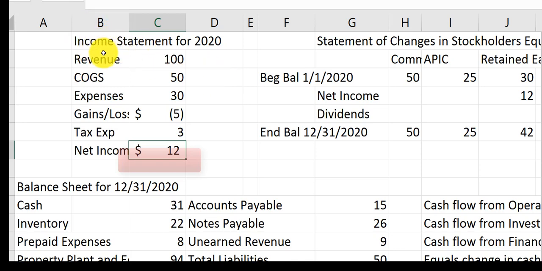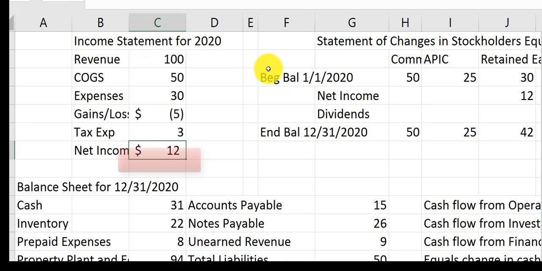Now that time period should correspond with our statement of changes in stockholders' equity. Now the reference in your other places is the changes in retained earnings or the statement of retained earnings, to focus just on this column. But I want you to see that there could be other columns to our changes in stockholders' equity.